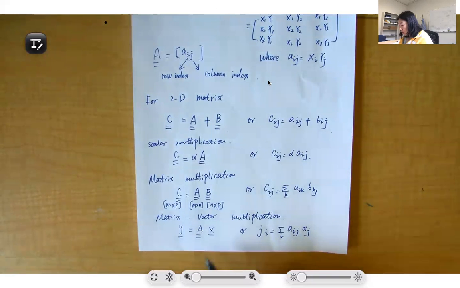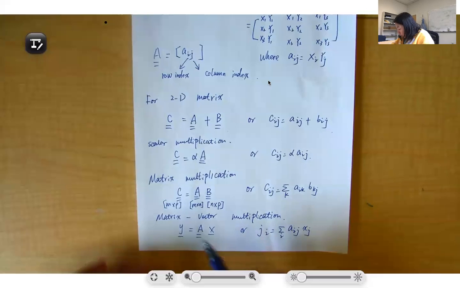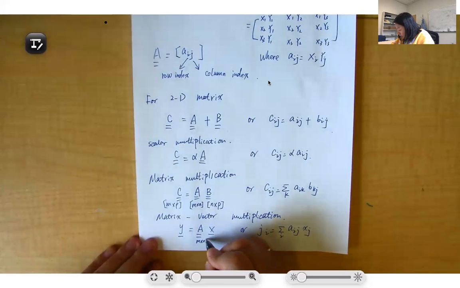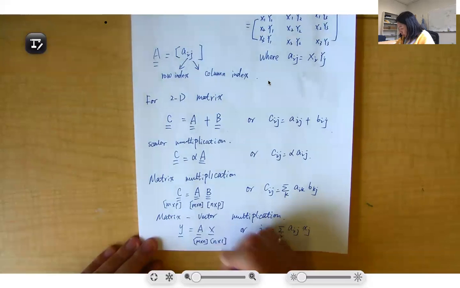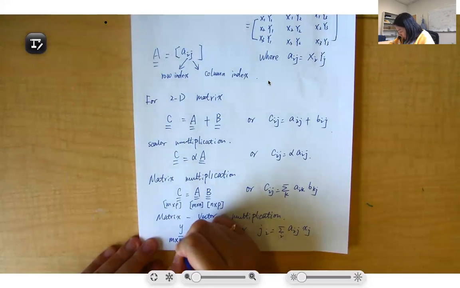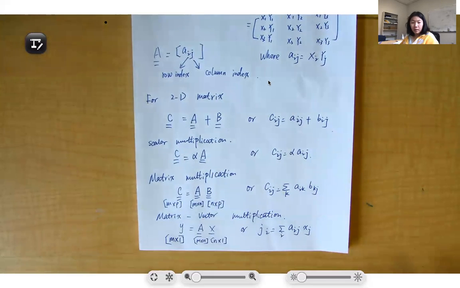And you can also check the dimensions, whether they are compatible with each other. So this will be m times n, for example. Then the dimension of x has to start with n times 1. Then in the end, you will get m times 1 dimension of the y.